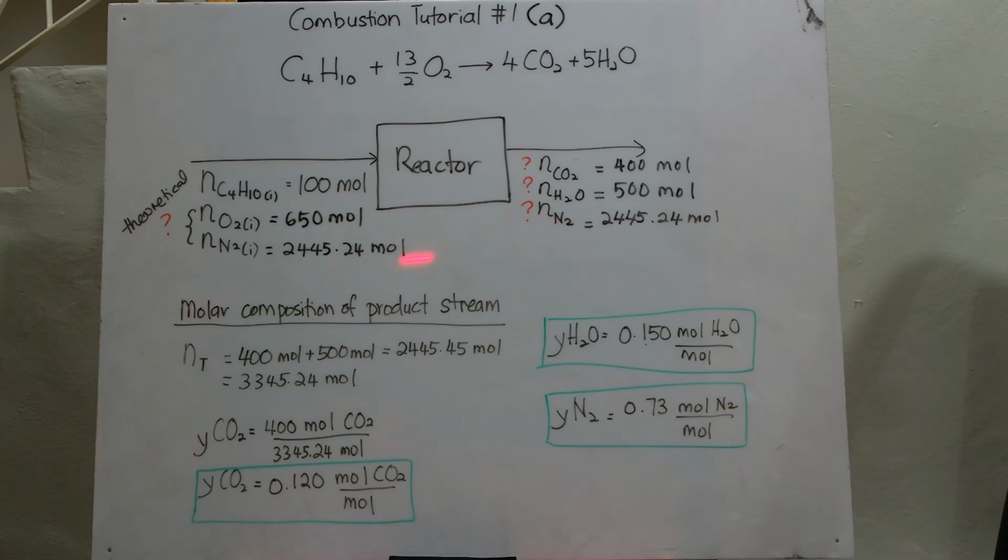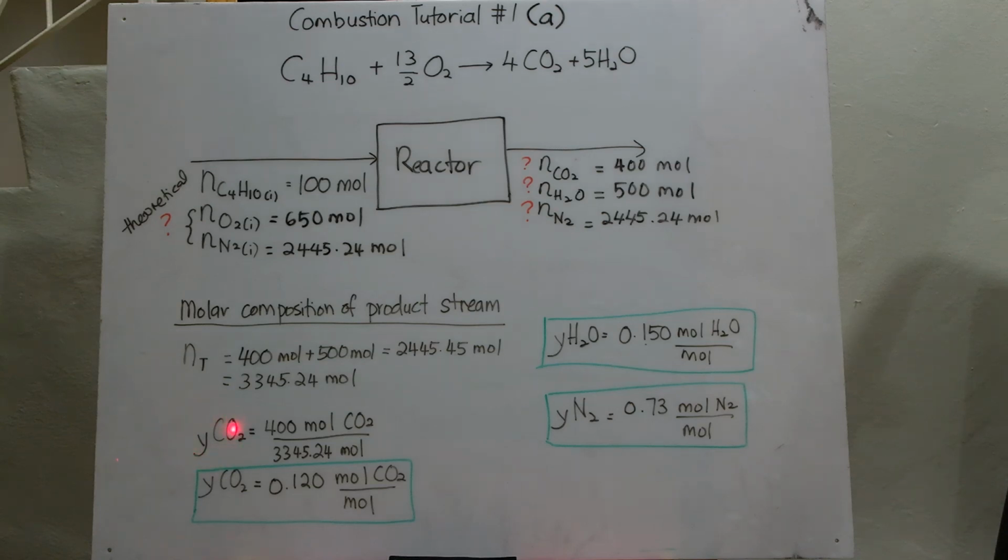To find the molar composition of the product stream, we have to first find the total mole of the product stream. So we have to add all the mole of the product stream. Okay, so we obtain 3,345.24 mole. That is the total mole of the product stream. To find the composition, we use the fraction.